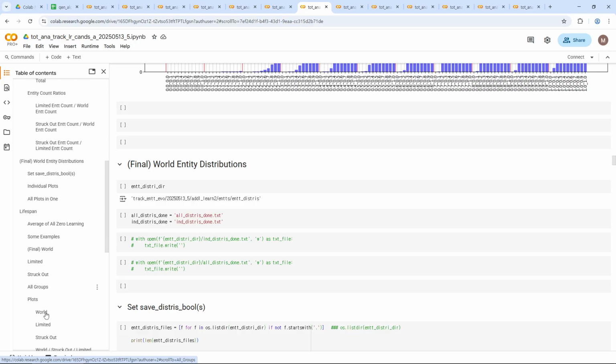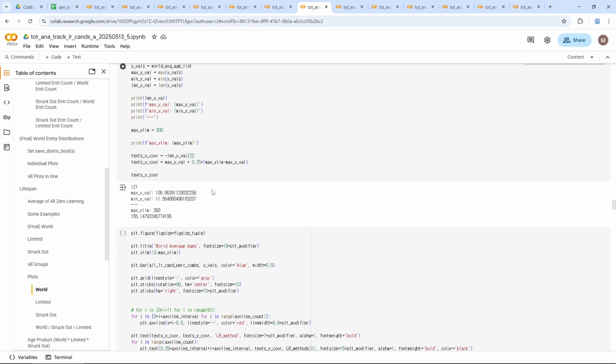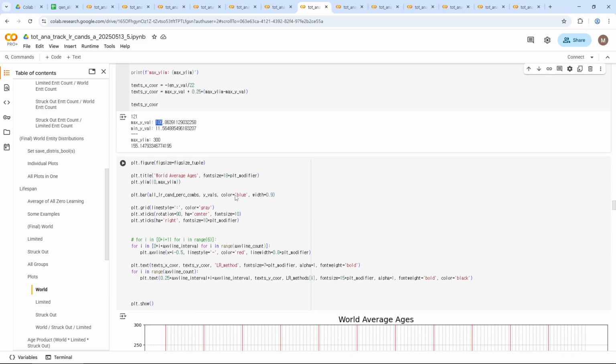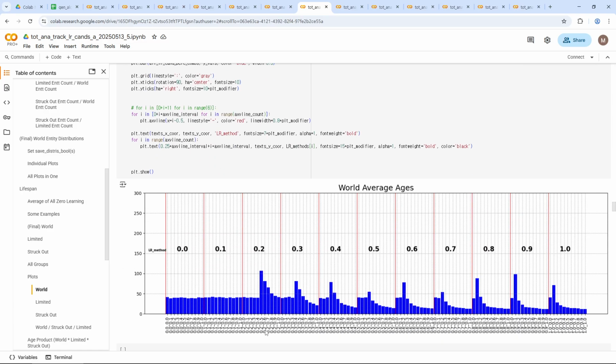Go to lifespans. World. We have one spike where the average lifespan for world entities is 106.86, and that is when the learn rate is at 20% and the candidate percentage is at 50%.